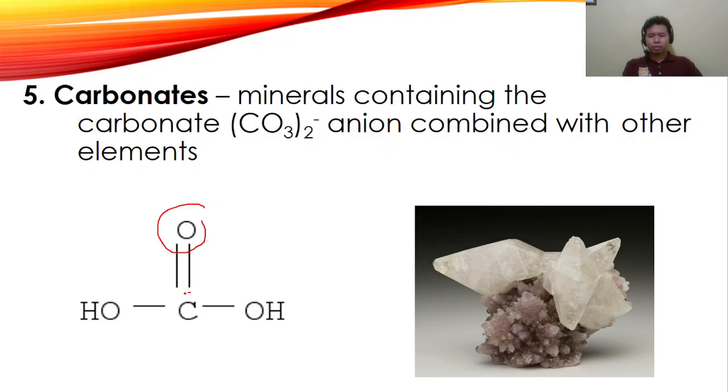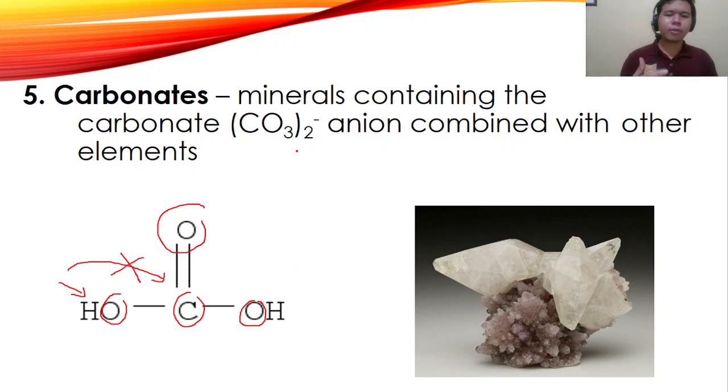They are the ones interacting directly. Hydrogen interacts with oxygen, but it doesn't interact with carbon. So if carbon and oxygen interact with one another, then they are considered to be in the carbonate group.